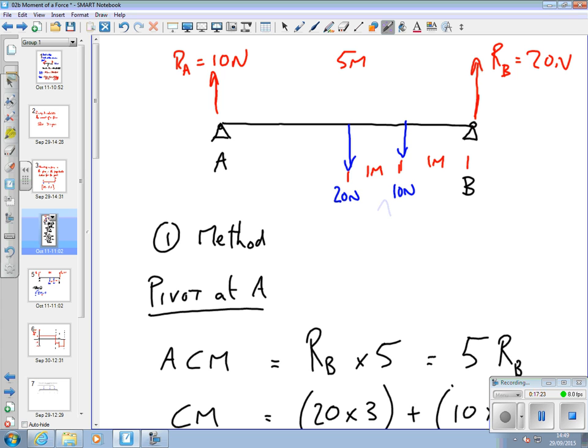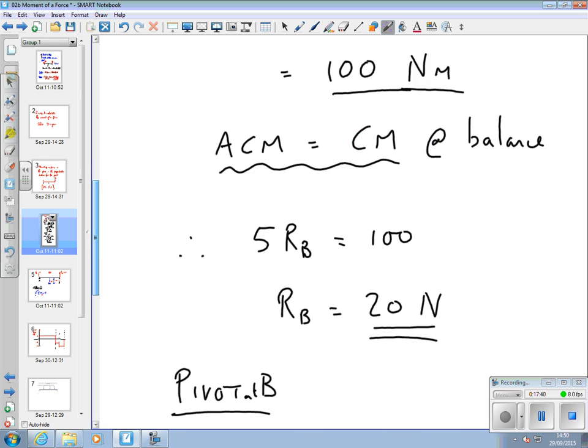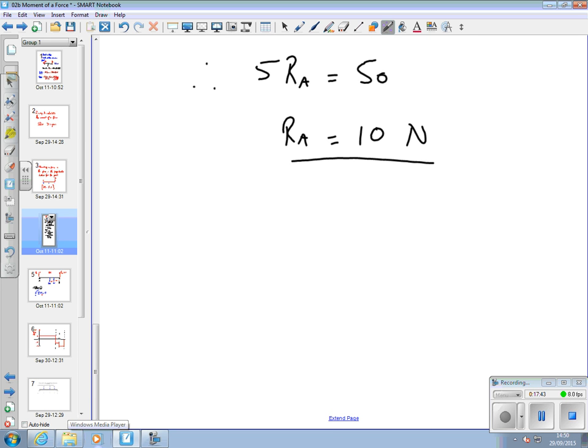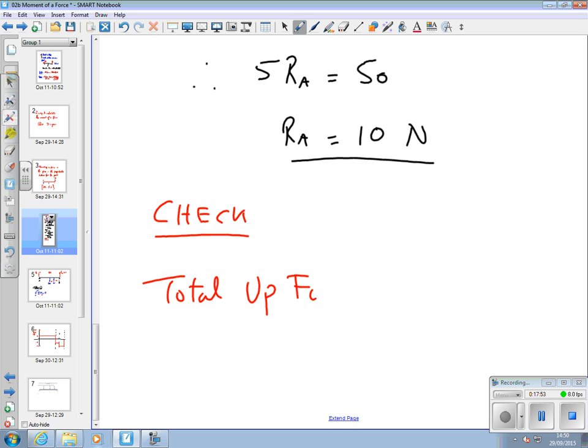So I add together all the forces acting downwards, 30 newtons. That should equal all the forces acting upwards. 10 plus 20 is 30 newtons. So that helps me to think I must be right. So my check is to say total up force must equal total down force.